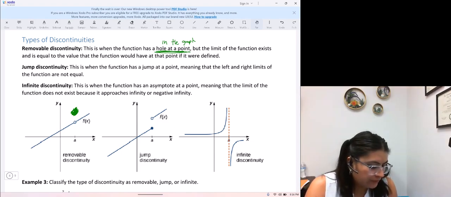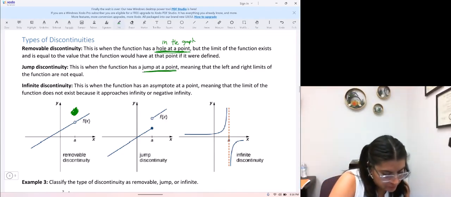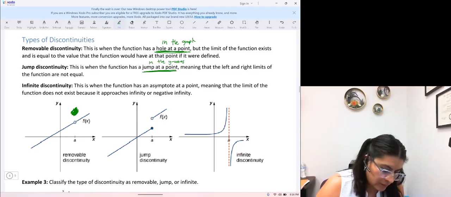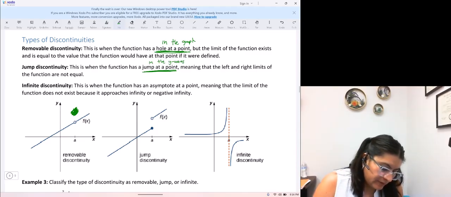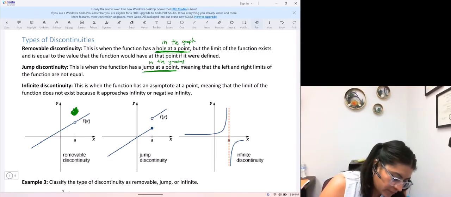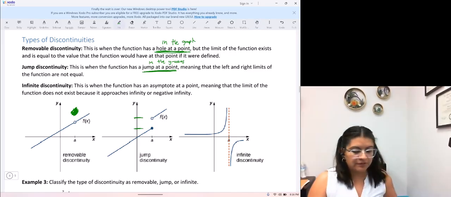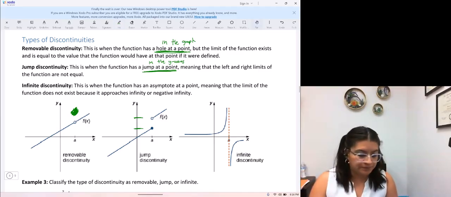Jump discontinuity. This is when the function has a jump at a point, a jump in the y values, like this. Meaning that the left and the right limits of the function are not equal. So see how there's a jump in the y values. So the limit from the left and from the right are not equal.